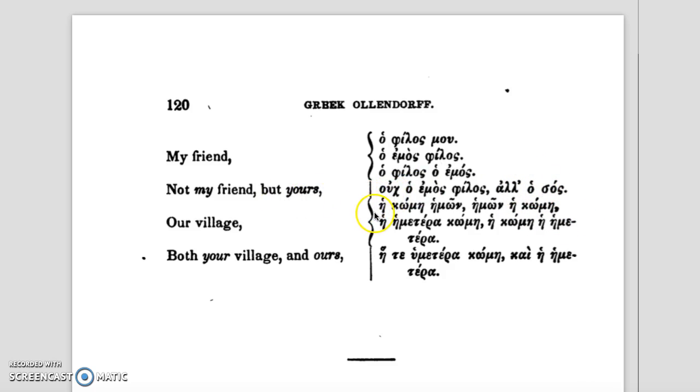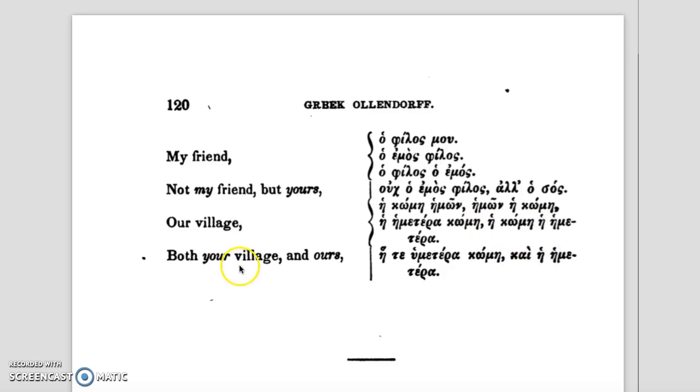So in our village, e come emon, the village of us, or you could say emon e come, of us, the village, or e emetera come, the our village. Notice that it comes between the and the noun, the our village, or it comes e come e emetera. It comes with its own the after the noun.